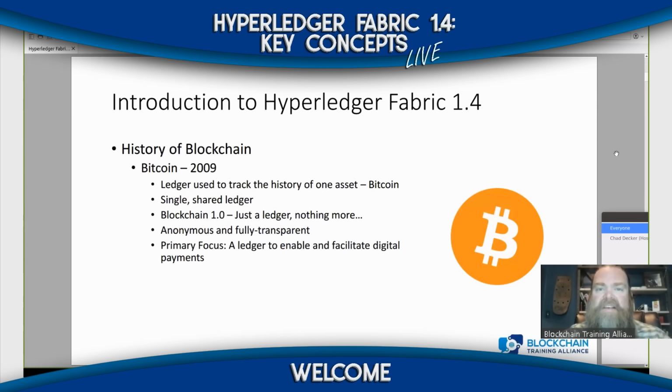And that is, we either elect to show nothing to anybody ever, or we show everything to everybody all of the time. And that is the option that Bitcoin has elected to go with. And really, the primary focus of Bitcoin is to create a platform and a ledger that enables and facilitates digital payments and the transaction of digital currencies.